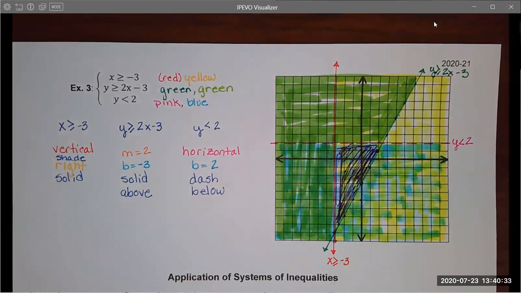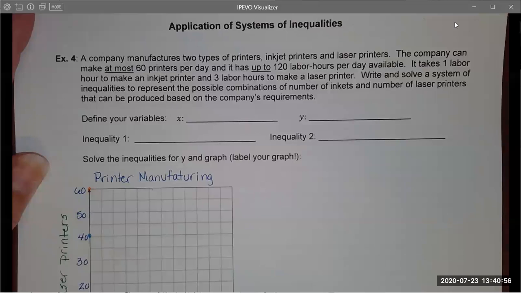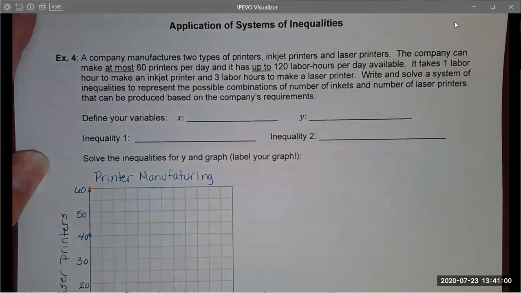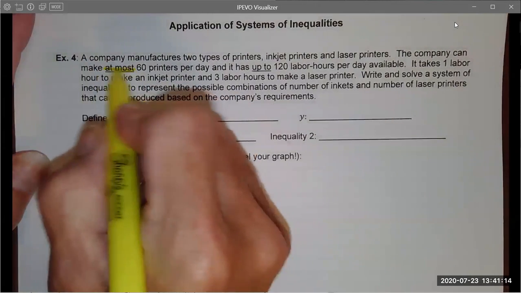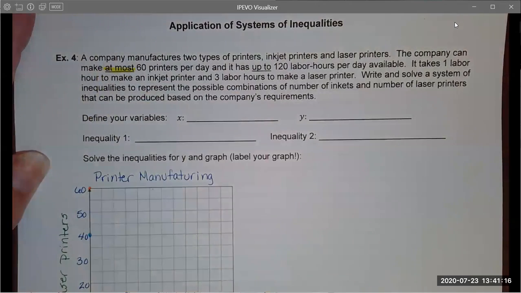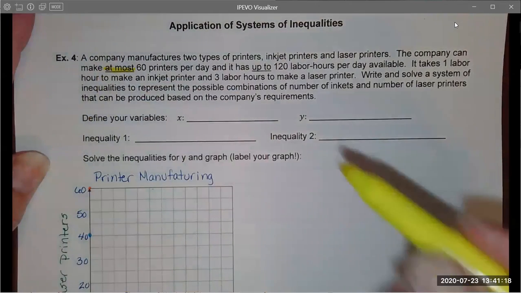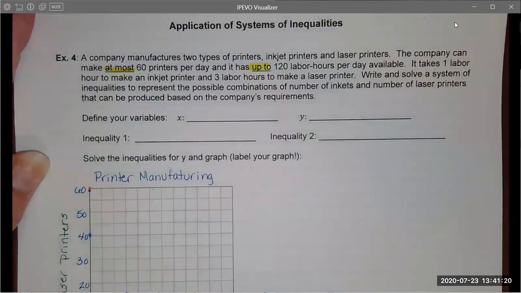All right, let's next talk about applications. All right, let's see what we have here. We always start by actually reading the problem. A company manufactures 2 types of printers, inkjet printers and laser printers. The company can make at most 60 printers per day, and it has up to 120 labor hours per day available.